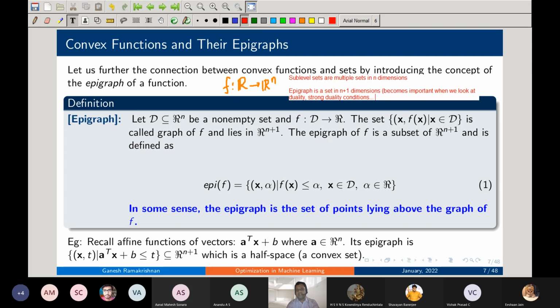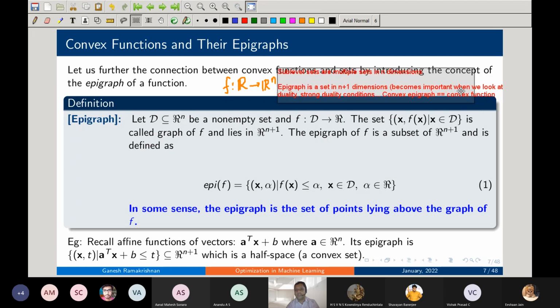But the interesting thing is convex epigraphs are equivalent to convex functions. Saying a function's epigraph is convex is the same as saying that the function is convex. Okay, so that's why they become interesting. Certainly more interesting than sublevel sets from the point of view of convexity.